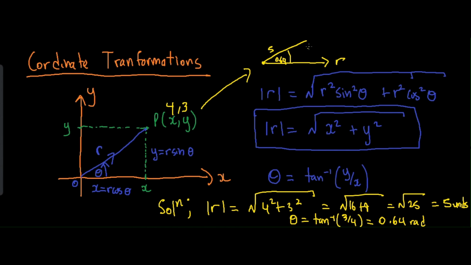This is the transformation from Cartesian to polar, because we transform this point in terms of an r and a theta. Here it was in terms of an x and a y.